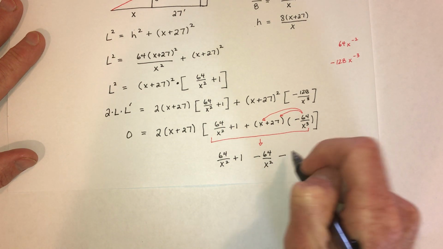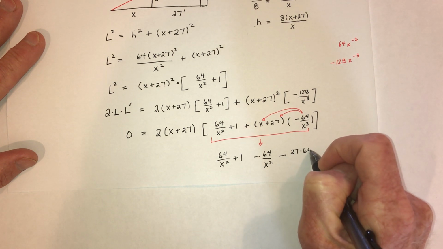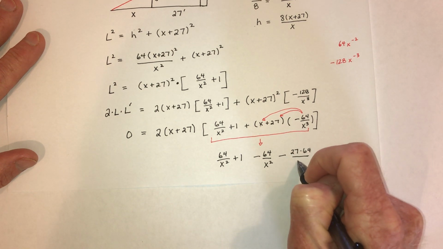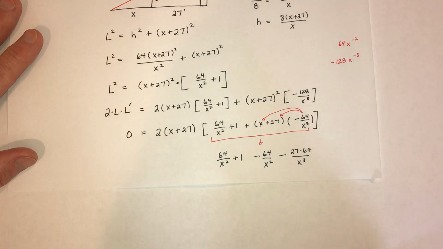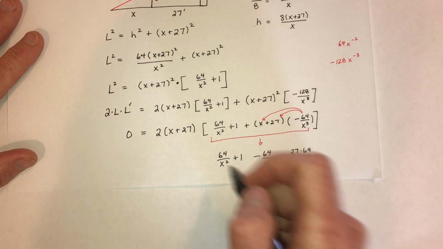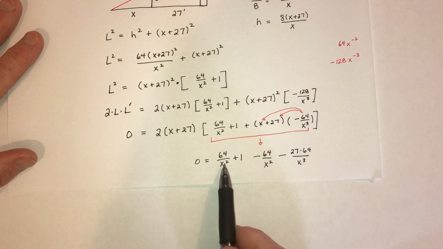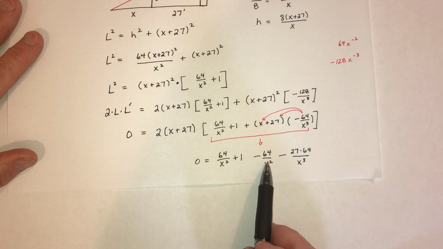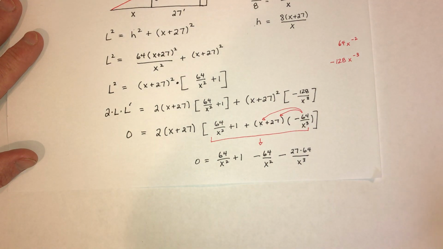And then minus 27 times 64 over x cubed. And then, I forgot to say, I set it equal to 0. It just so happens that this and this are going to cancel each other out. So all that's left is the 1 and this term right here.